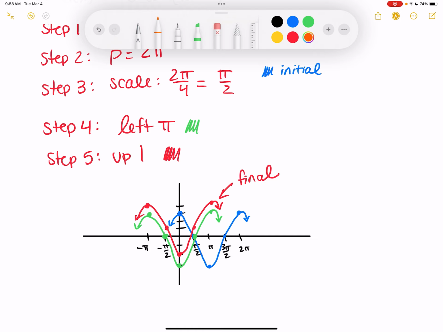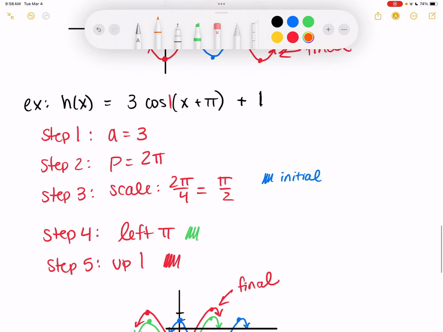All right, one other thing I want to point out about this problem. I don't remember if it happens in the Algebra 2 book or the pre-cal book, but I know I stumped pre-cal with it on a quiz the other day. This problem could also be written as 1 plus 3 cosine of x plus pi. The number directly touching the trig function is your amplitude.